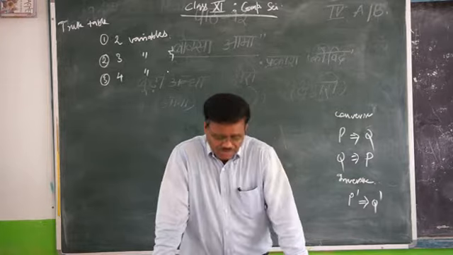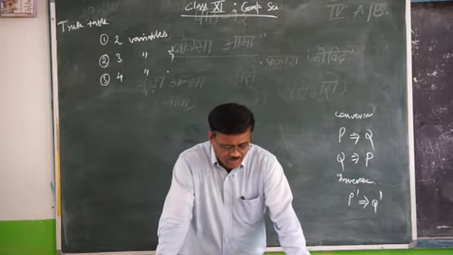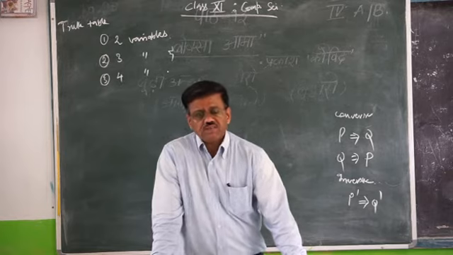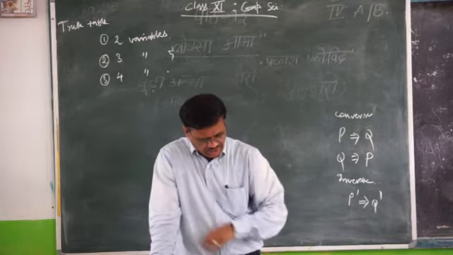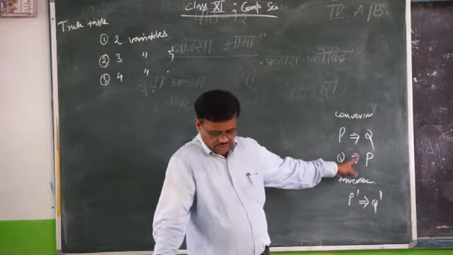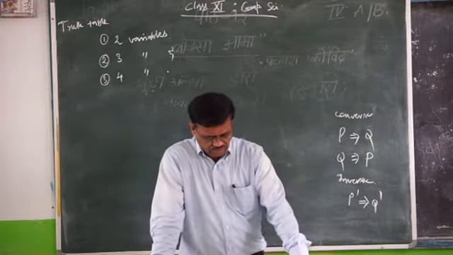What do you mean by contrapositive? The contrapositive of a conditional is formed by creating a second conditional where the antecedent is equal to the consequent.